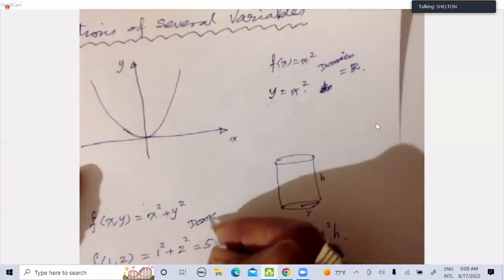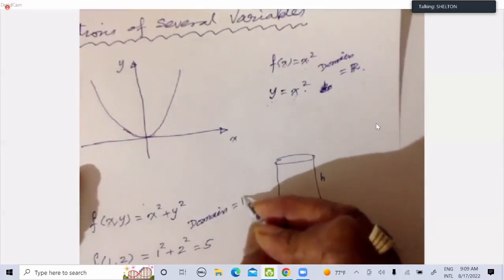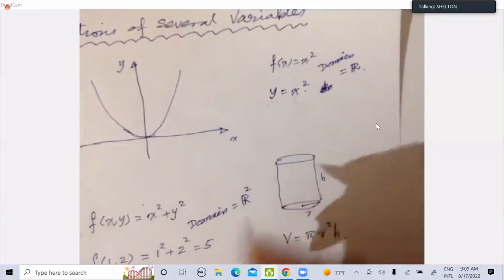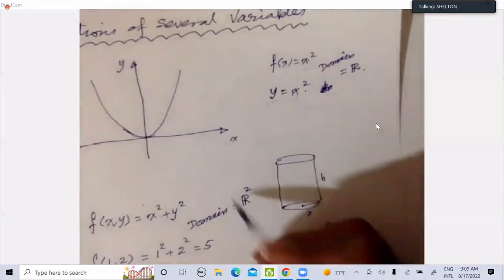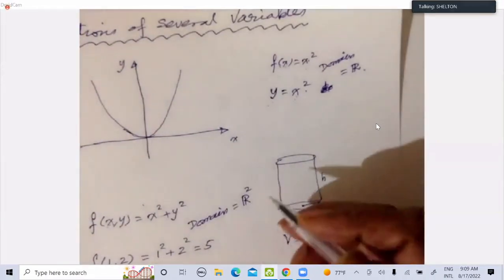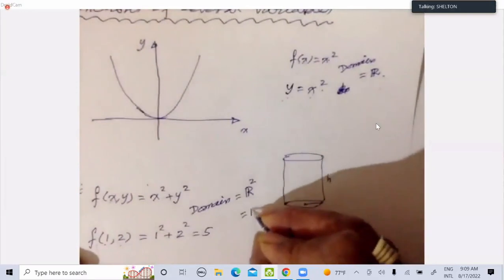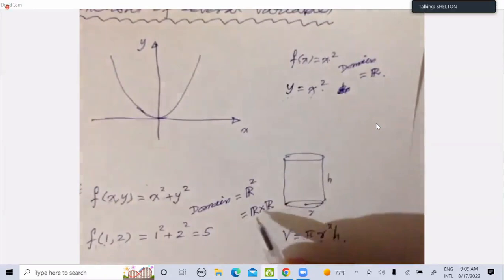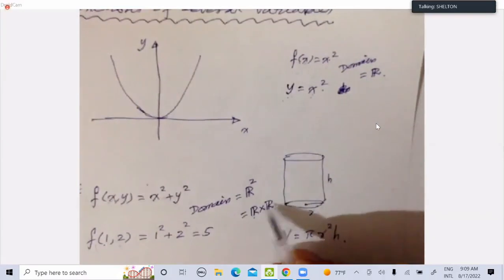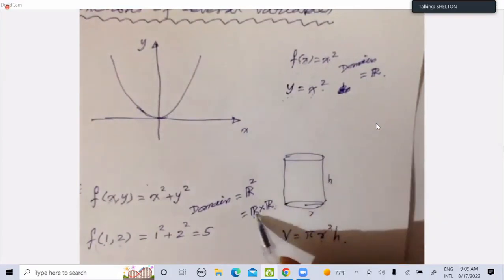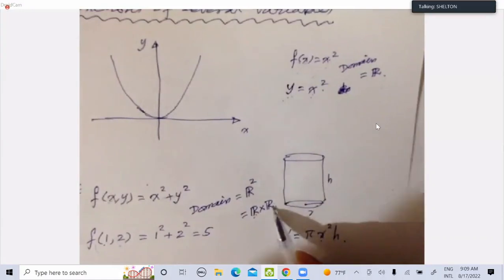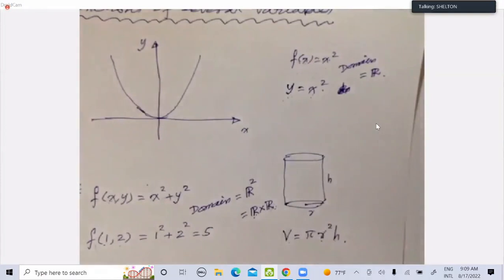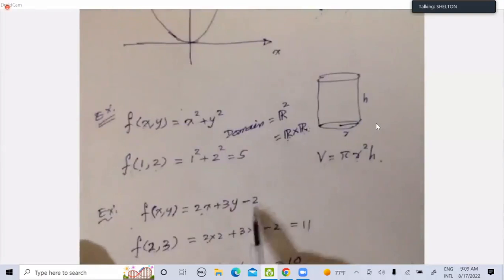The domain is, we write R squared. What is the meaning of R squared? Some people write R squared as R cross R, meaning ordered pairs of real numbers. One real number for the first input, another real number, or the same number can be used also, for the second input. Domain is R squared.